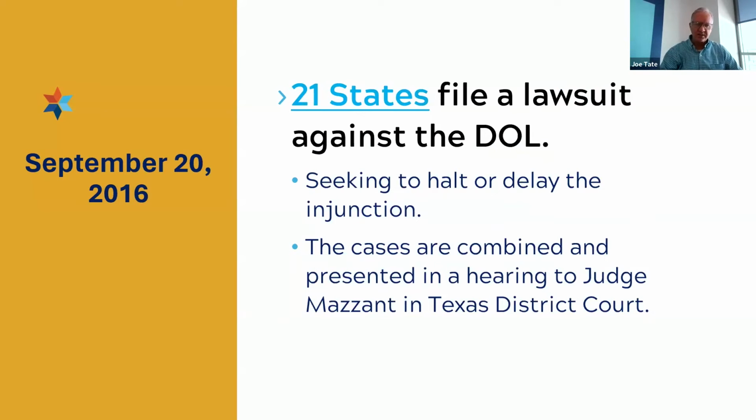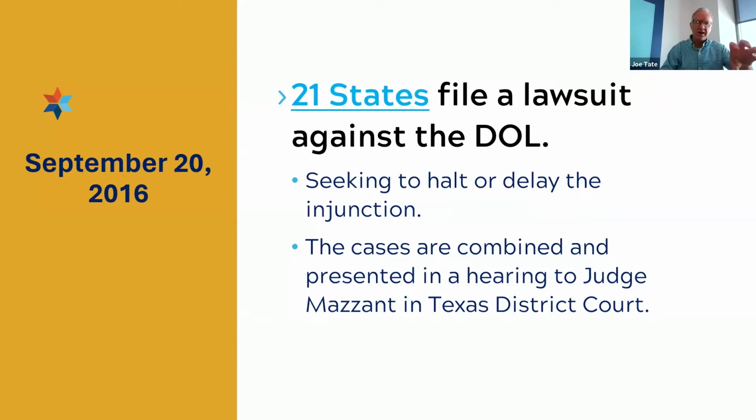Then on September 20th of 2016, 21 separate states filed a lawsuit against the DOL, seeking to halt the final rule or delay it with an injunction. These cases were combined and presented in a hearing to Judge Mazant in Texas District Court.